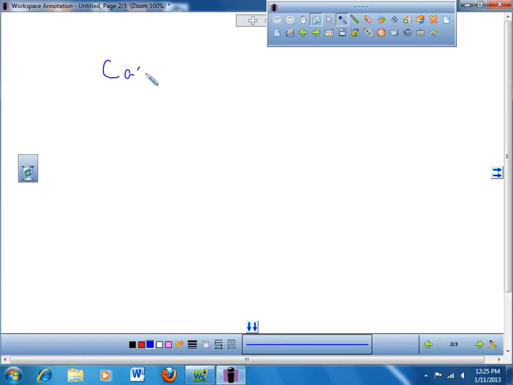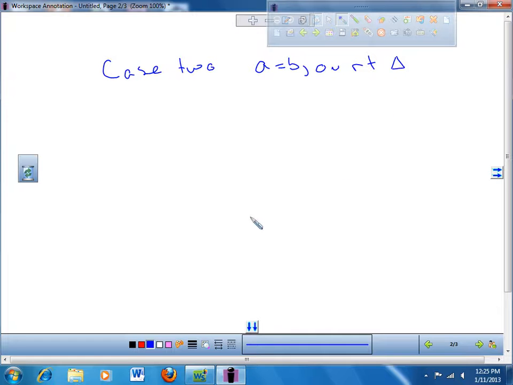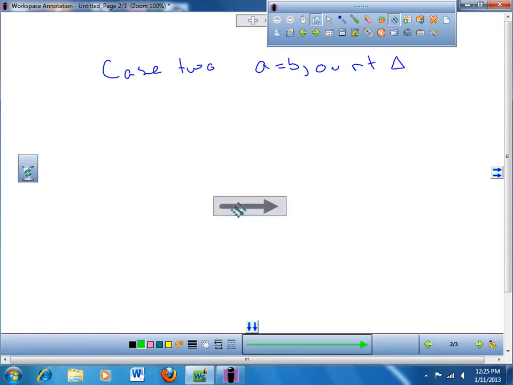Case 2 is A equals h, where you have 1 right triangle. It's kind of hard to do this one because you have to make up the numbers so they work.